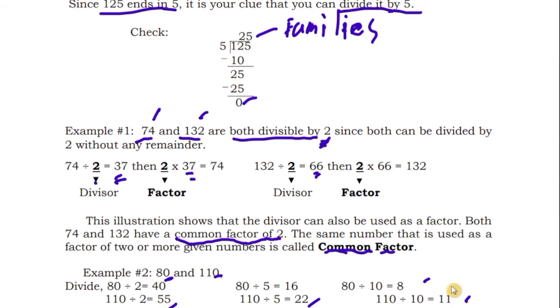Now, what would be your interpretation or understanding of this example number 2, where the given numbers are 80 and 110? Since it ends with 0, it is divisible by 2.